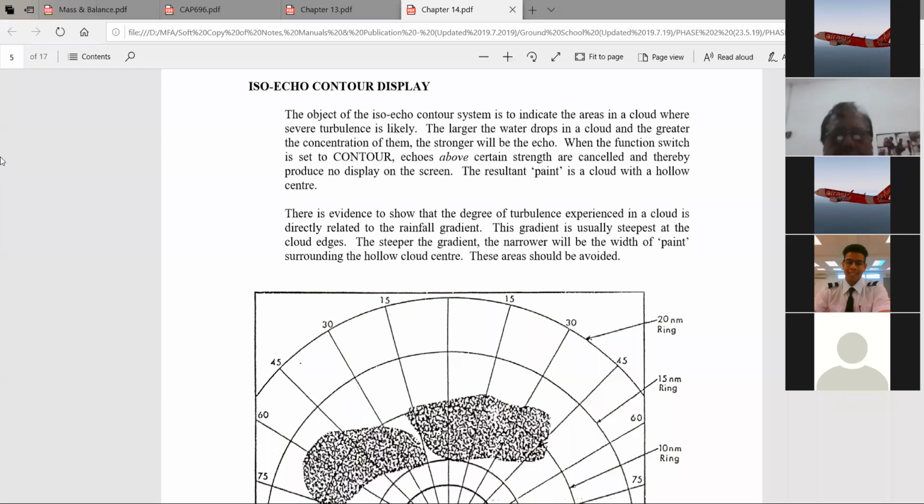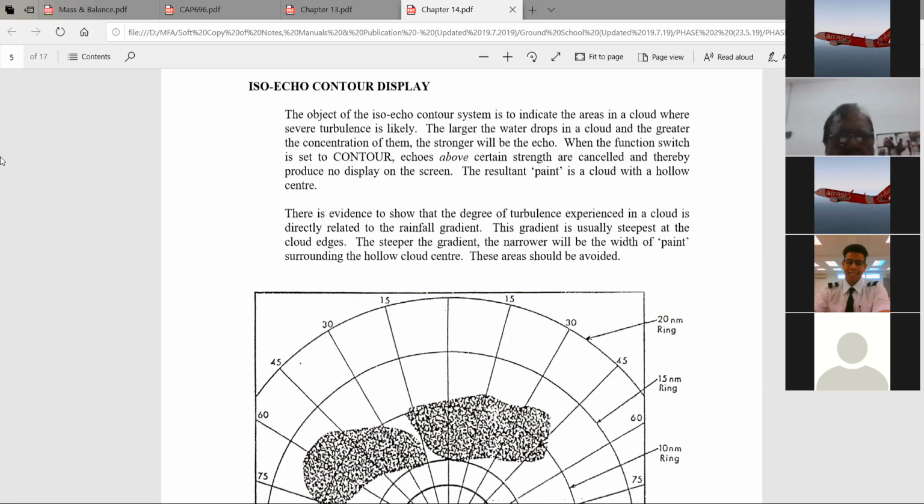What happens once you use the ISO echo contour display is that the strong returns coming back are automatically screened or intercepted at the receiver level itself. On the screen, no picture is painted of the returns which are very, very strong.